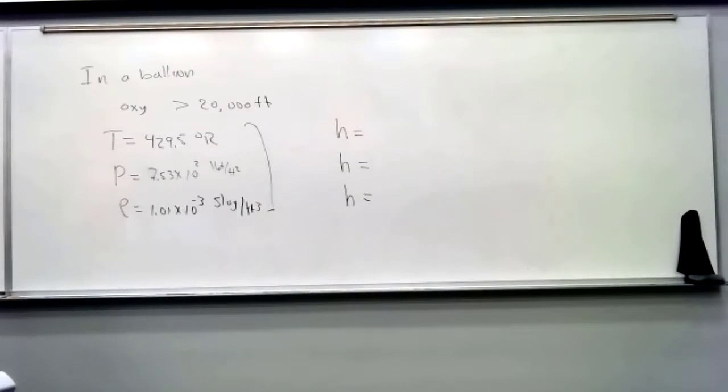All right, so this is our standard atmosphere table. We're doing it in English units. So you're finding values, what altitude do you get? What's the H value? Somebody get a number? Look for this one. 25,000?